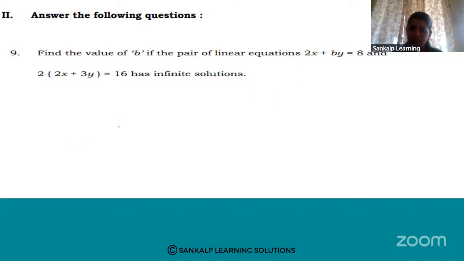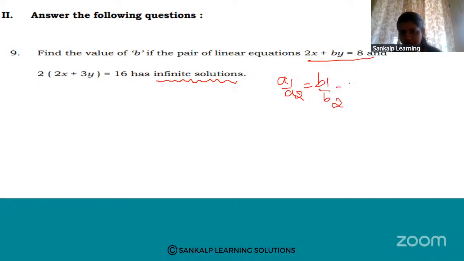Find the value of b if the pair of linear equations 2x plus by is equal to 8 and 2 into 2x plus 3y is equal to 16 has infinite solutions. When a pair of equations has infinite solutions, the two lines are coincident or overlapping on each other. That time it has an infinite number of solutions. That means a1 divided by a2 is equal to b1 divided by b2 is equal to c1 divided by c2.